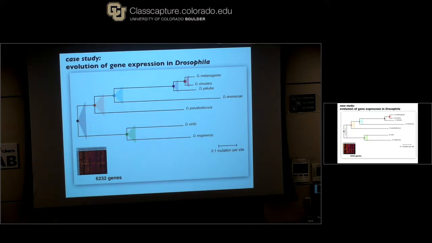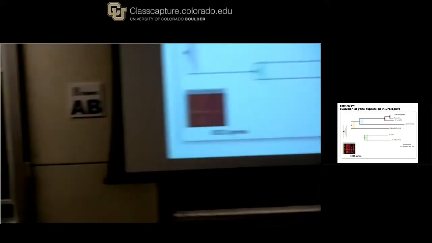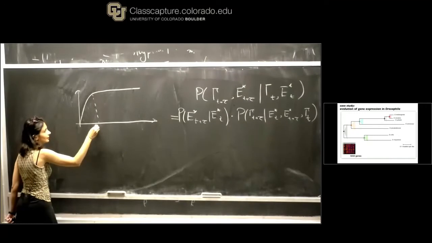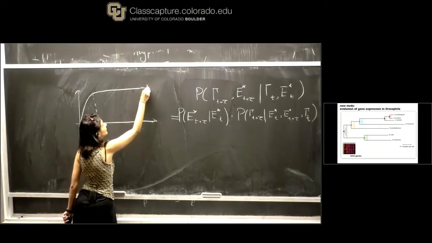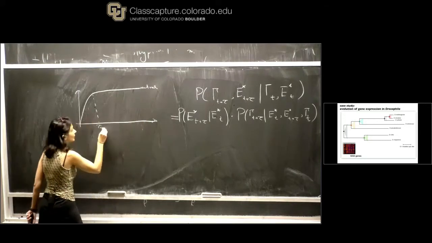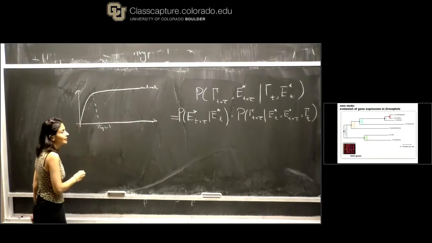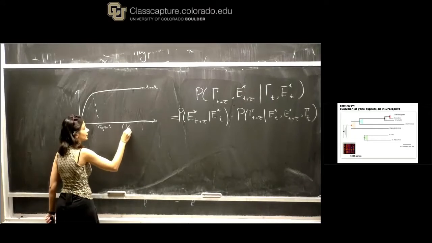And if you remember, we built up these curves. So this was our neutral curve, and there was a saturation time for the neutral curve, which was equal to 1 in units of 1 over mutation rate.